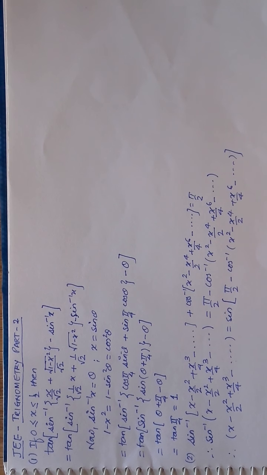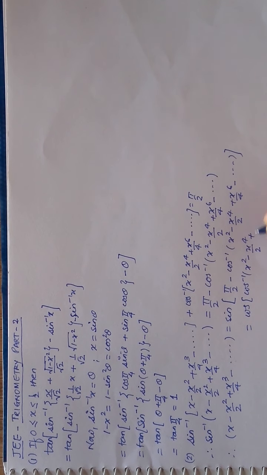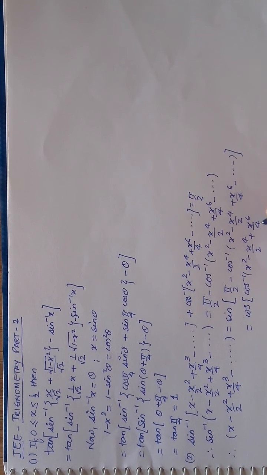So what I get is, sine of 90 minus theta is equal to cos theta, that is cos of cos inverse of (x square minus x raised to 4 by 2 plus x raised to 6 by 4 minus and so on). Now cos inverse cos obviously is your x square minus x raised to 4 by 2 plus x raised to 6 by 4 minus and so on.